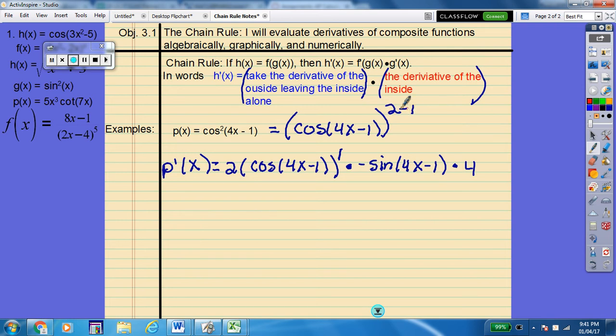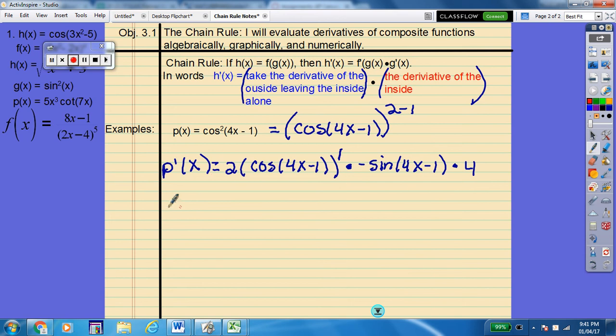We started with the derivative of the very outside, which was the squared part. That's how we got this 2. And then we have a 1 left over for the power, leaving the inside alone, times the derivative of the inside, which is cosine. So that's negative sine. But because it's another composite, we had to then take the derivative of the inside one more time. So we essentially had to apply chain rule twice.